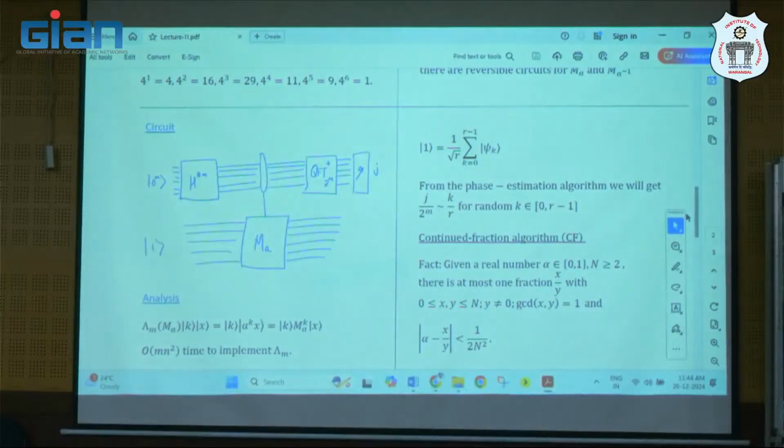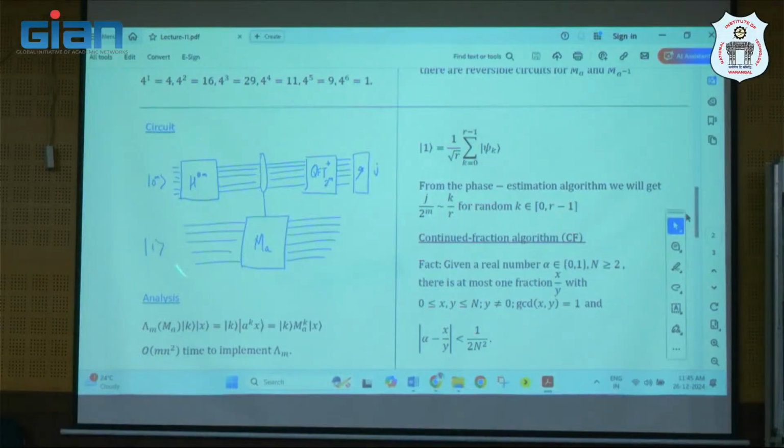These are all going to be tutorial questions, but we'll do them as we get time. But the point is the following: because Ket 1 is the normalized summation of psi k, the effect of feeding Ket 1 is like randomly feeding a psi k, for a random k from 0 to r minus 1. You see this summation. The effect is random.